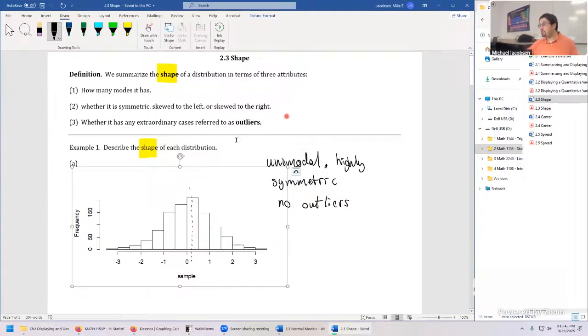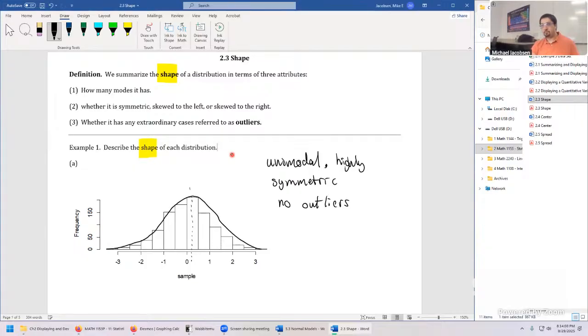What we want to do is smooth this out and imagine, what did the population really look like? This is just randomly selected individuals from the population, but the population itself may have looked more like this. We'll draw a smooth curve that goes through the heights of the rectangles in the histogram, roughly. Let me try to do it a little bit better.